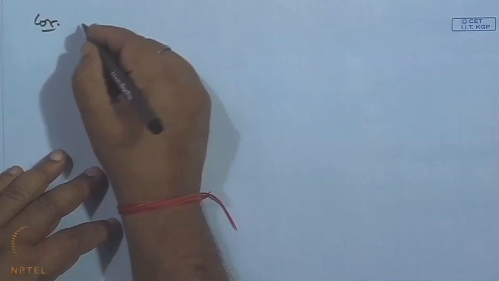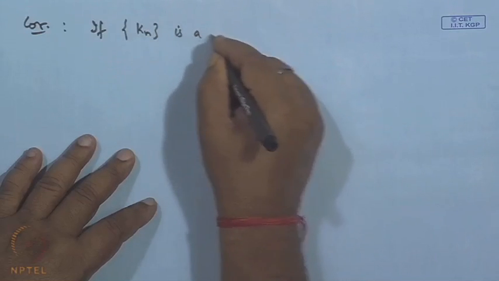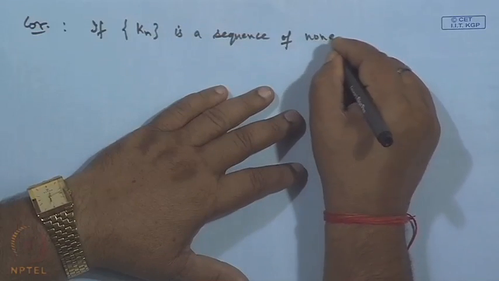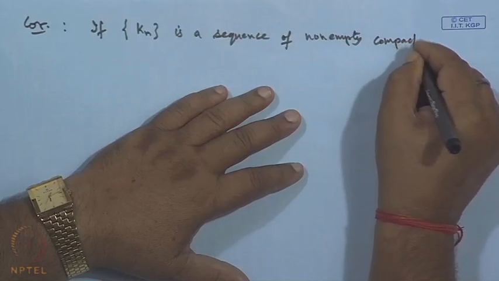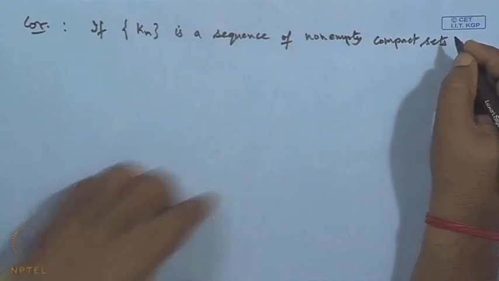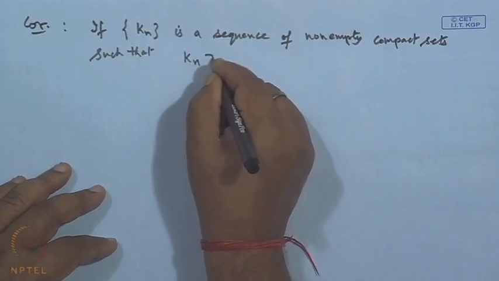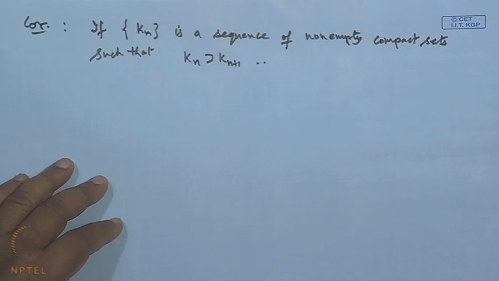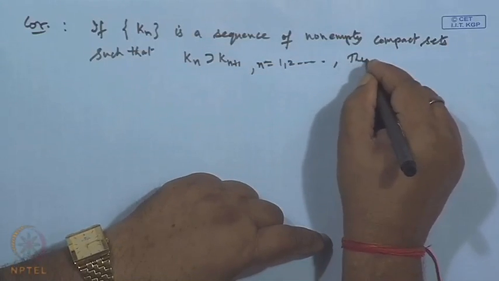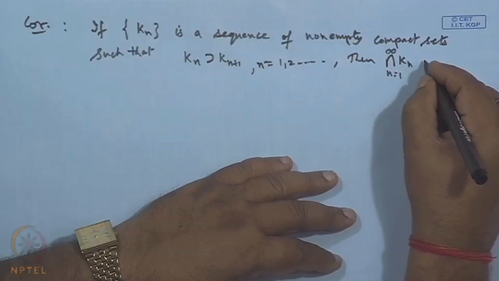What this says is: if K n is a sequence of non-empty compact sets such that K n contains K n plus 1 for n equal to 1, 2, 3 and so on, then the countable intersection of K n, n from 1 to infinity, is not empty.